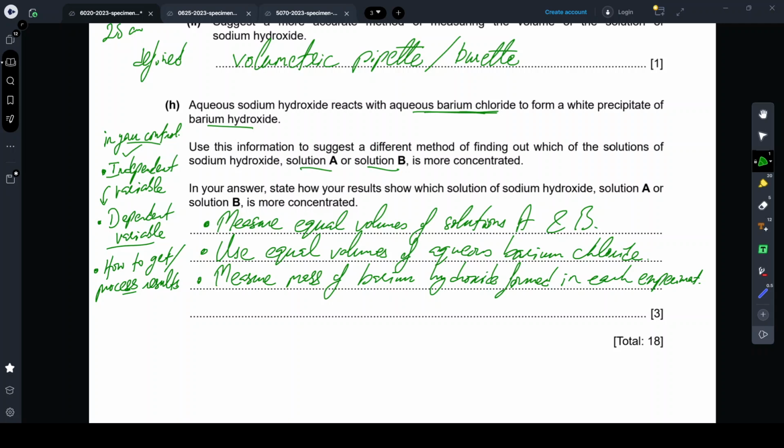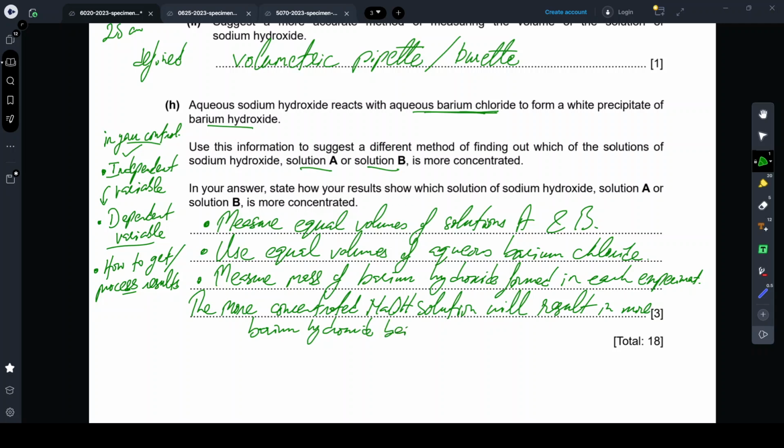So the more concentrated sodium hydroxide solution will result in more barium hydroxide being formed.